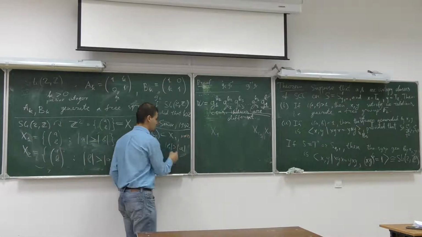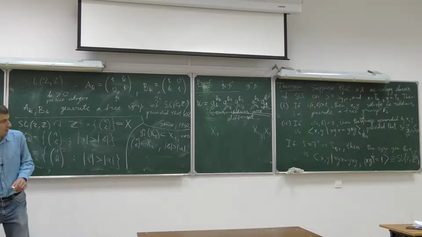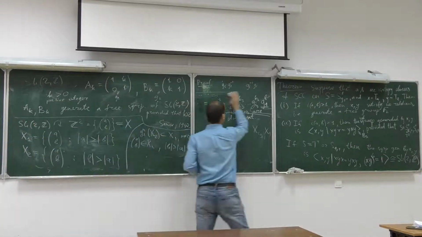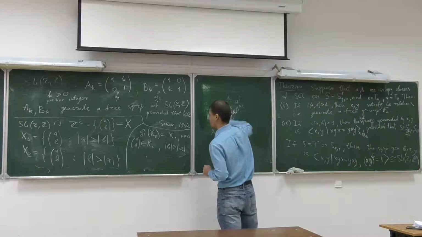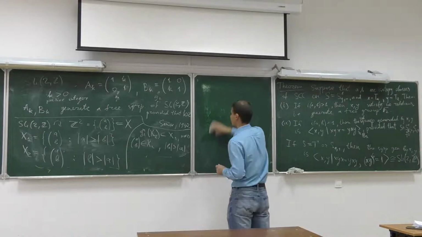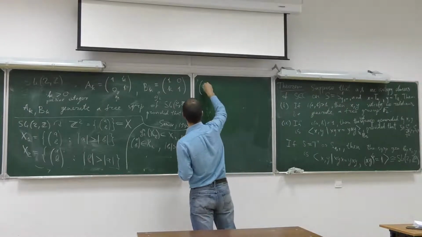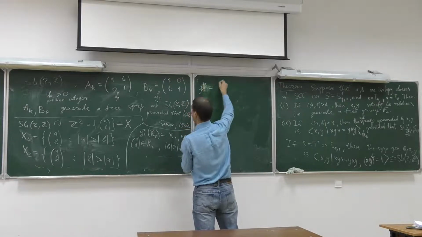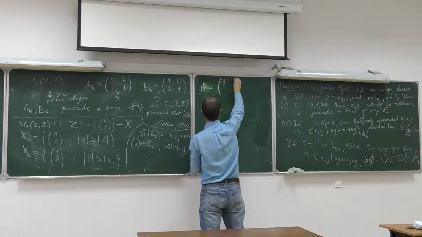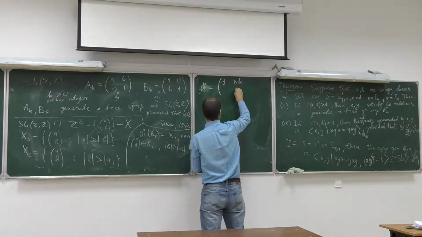Now suppose that we apply here the nth power of G1. The nth power of G1 is just a matrix like that.